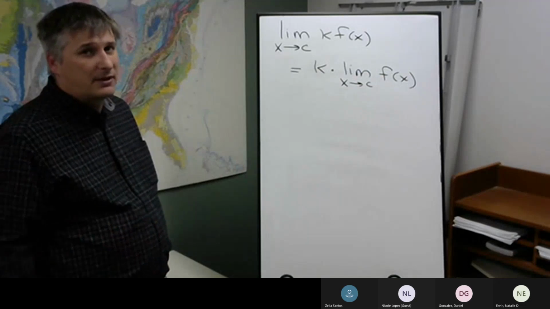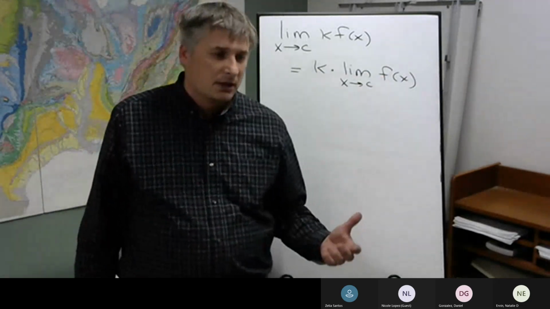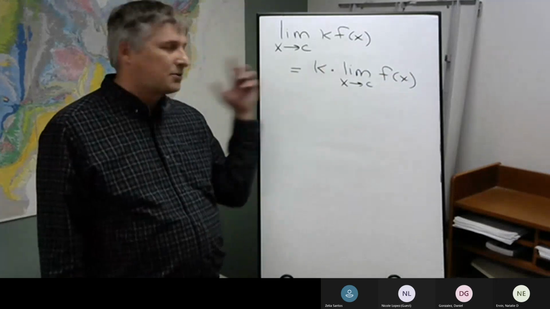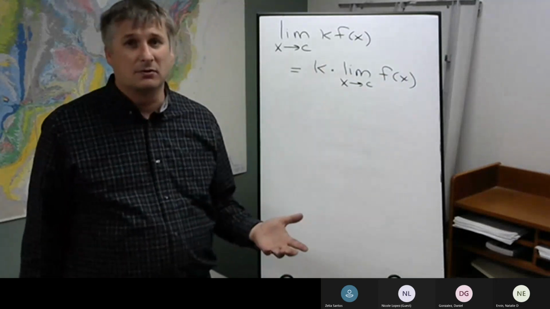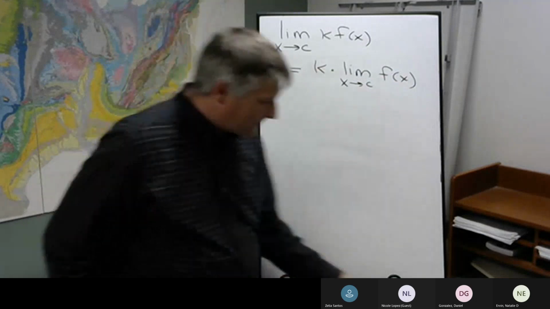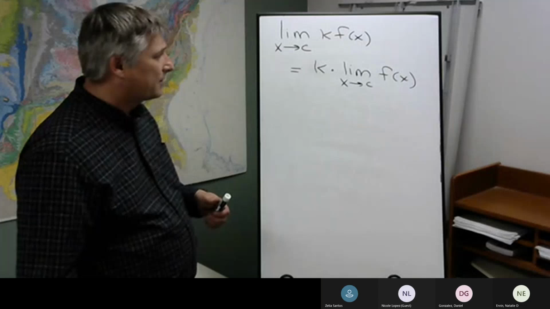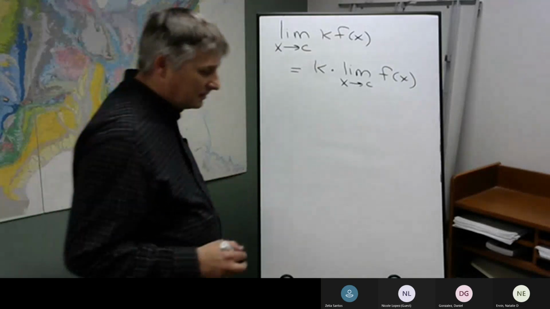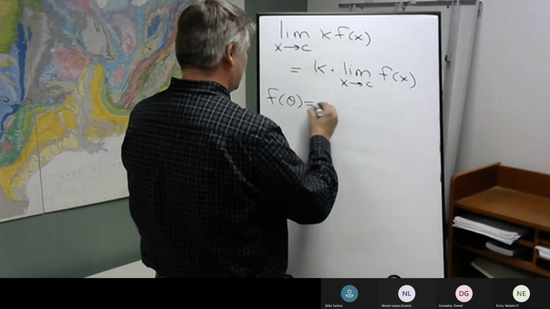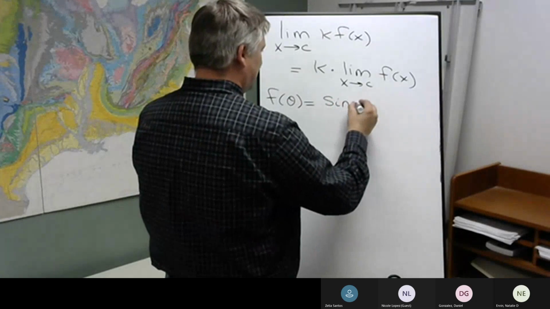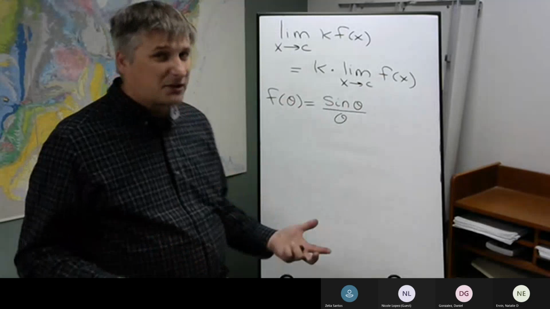Now, this is a very common thing we're going to have in this class. When we deal with derivatives and integrals, the constants are going to pass through the derivatives and pass through the integrals, just like it's passing through the limit. So let's take a look at this function. We bring this property back and we're going to use this. The f of theta, sine theta over theta. Now, there's an analytical proof to this.